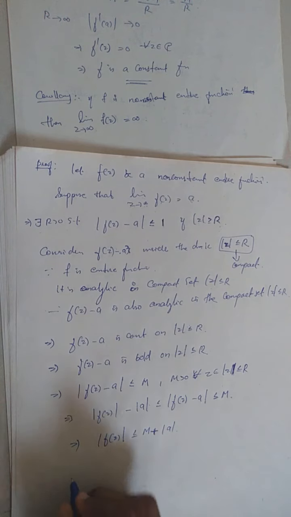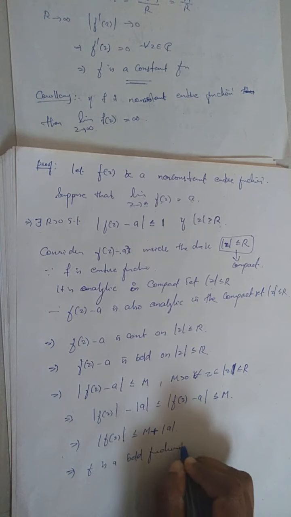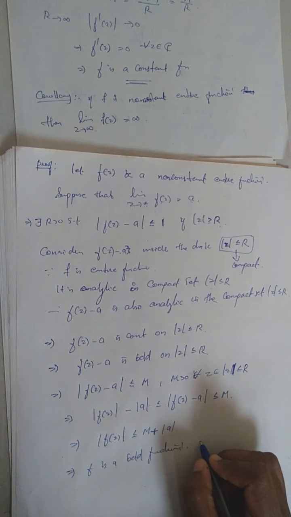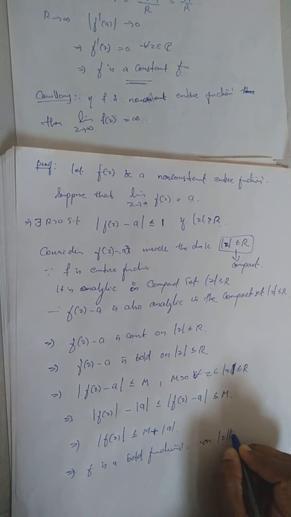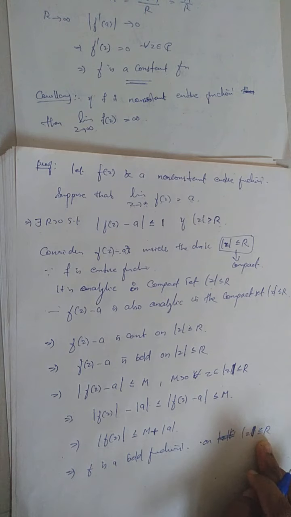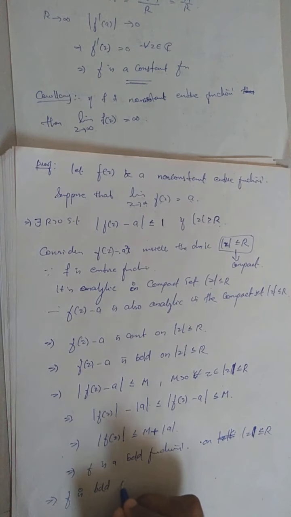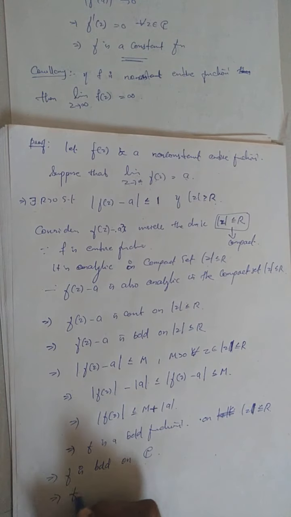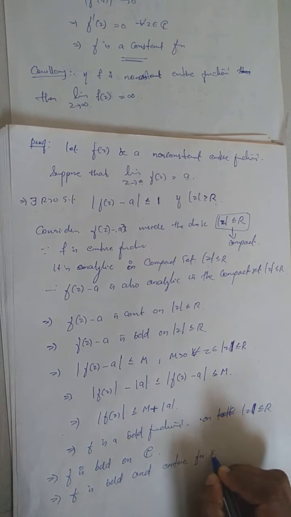So which implies f is a bounded function on mod z less than or equal to R. And this R may be any positive real number. When R tends to infinity, which implies f is bounded on the complex plane C. And what is f? An entire function. So which implies f is a bounded entire function on C.